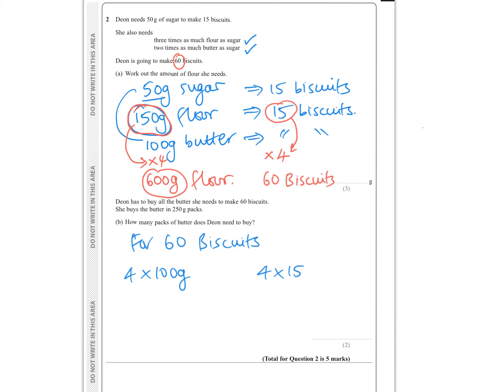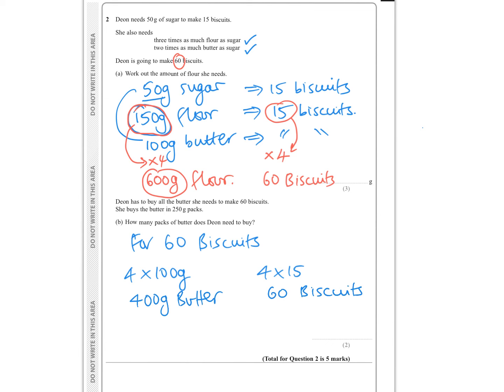Because if you look up here, we had 100 grams of butter for 15 biscuits. So for 60, we're going to have to multiply both sides by 4 again. So for 60 biscuits, we've got 4 times 100, which is 400 grams of butter.